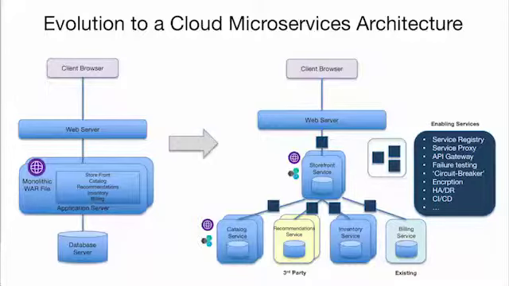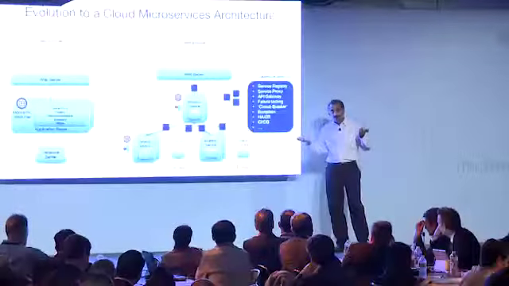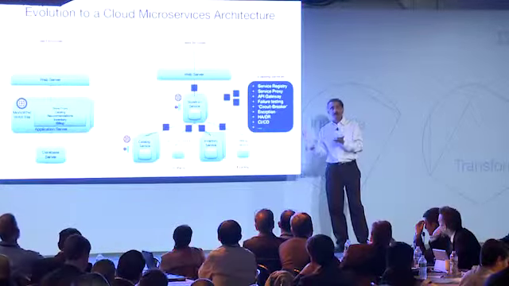When you look at a microservices ecosystem, you also end up needing a core set of services. Whether we're looking at a service registry or service proxies, API gateways, new ways of testing applications, things like A/B testing, new architectural patterns like circuit breakers, encryption when you start looking at hybrid models, not only encryption, but also data transformation.